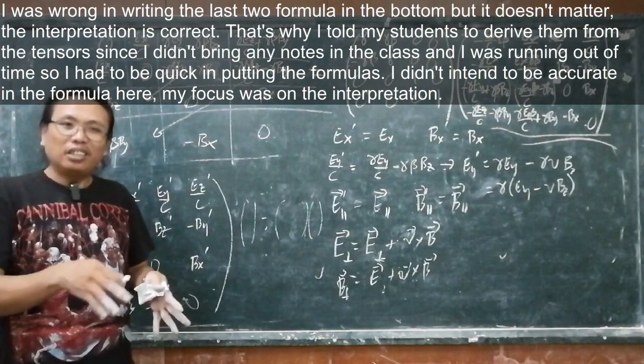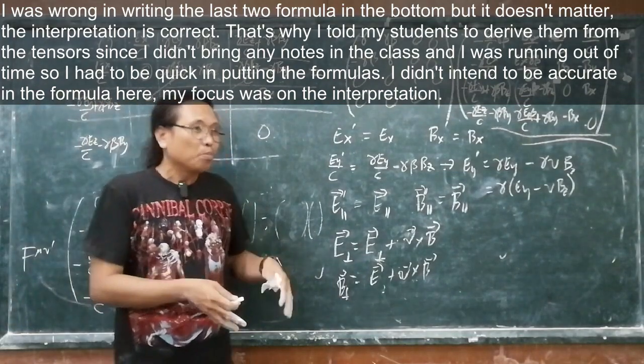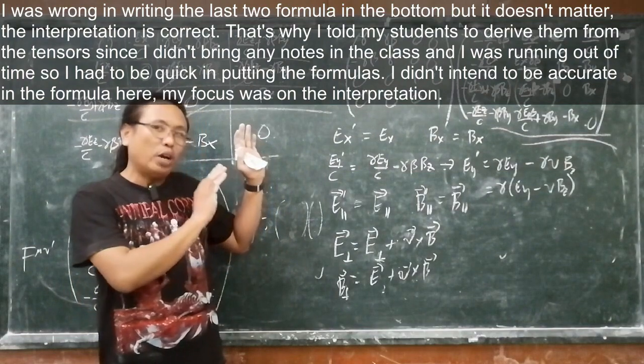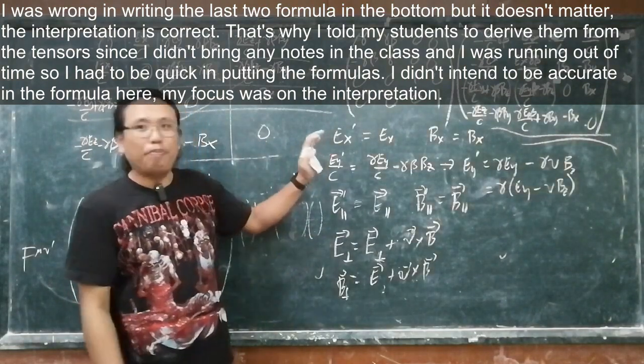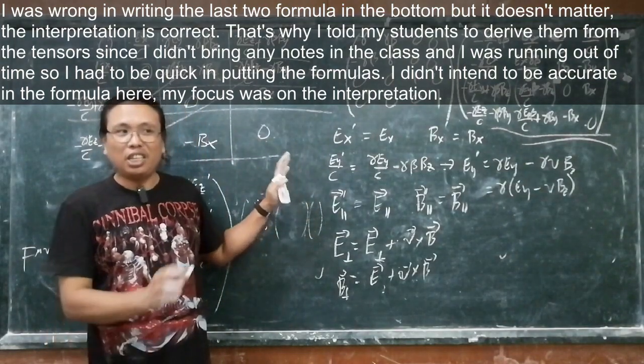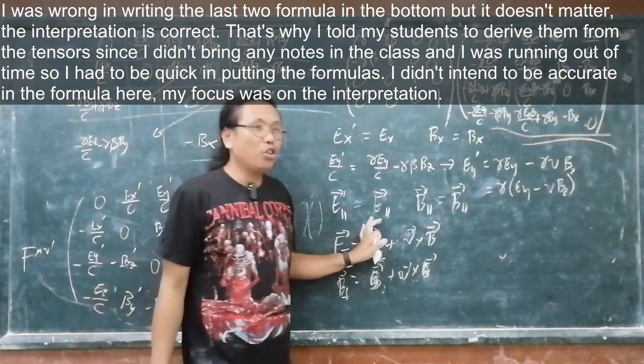Look at the consequence. It could be that for the special case that B is 0 in S, this is 0 in E prime.